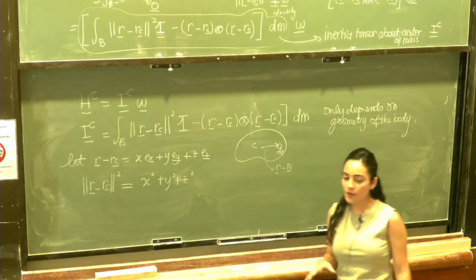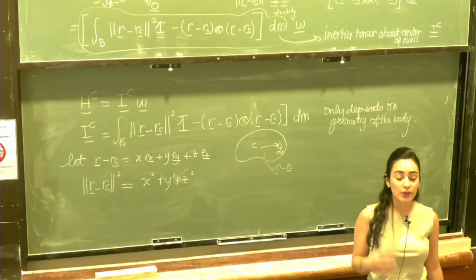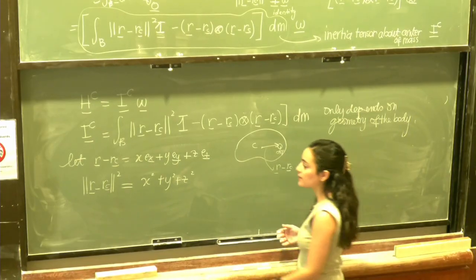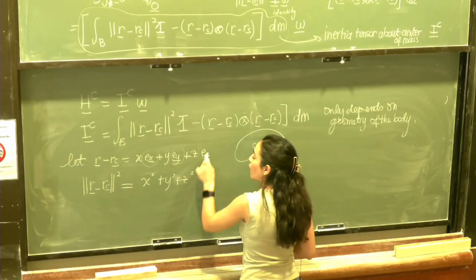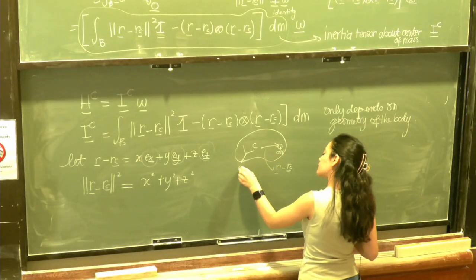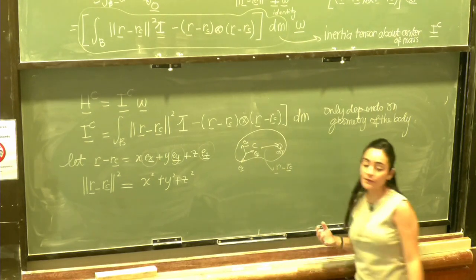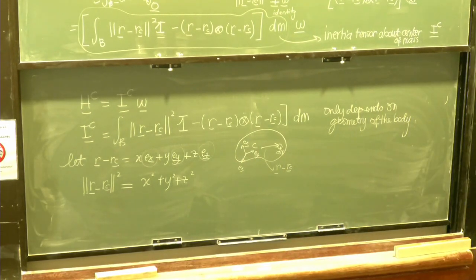Okay, I have a question. Can anyone guess why I used a co-rotational basis to express R minus RC? Why did I use a co-rotational basis, not a fixed basis, to express R minus RC?